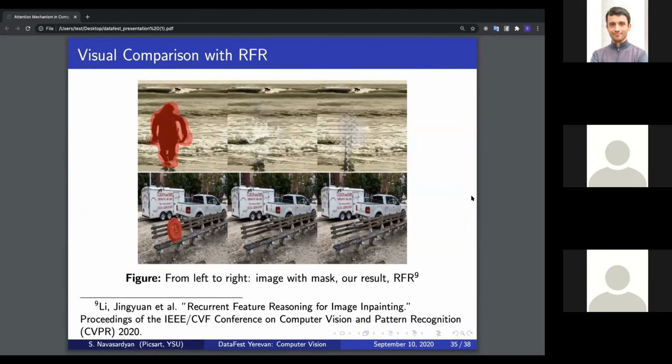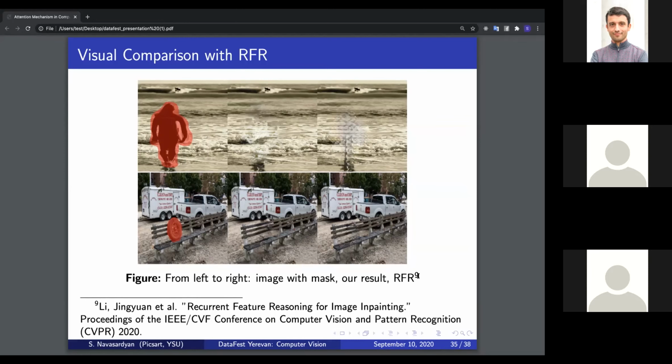Also, we would like to compare with a recent method, recurrent feature reasoning for image inpainting, which was presented a few months ago in CVPR. We have chosen this method because they also iteratively complete the missing region in deep features, as we do.